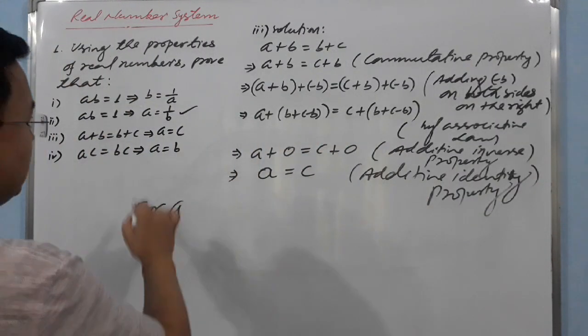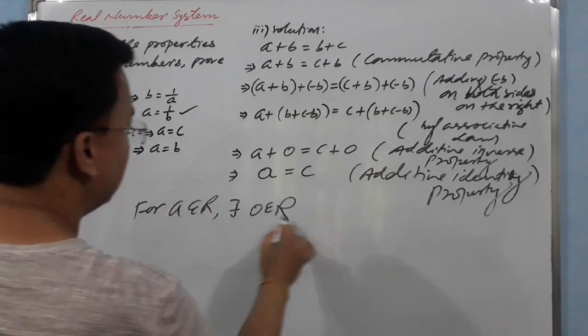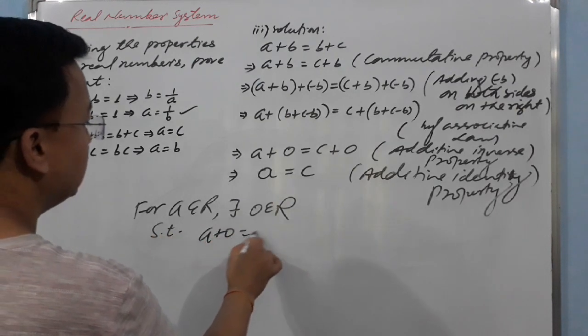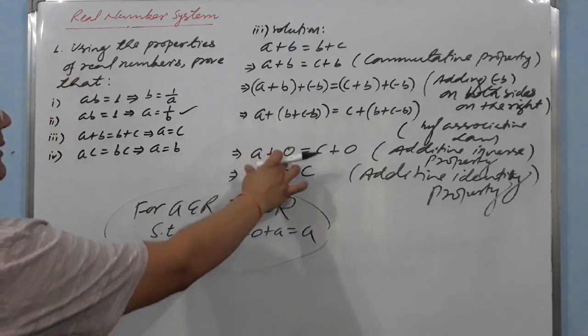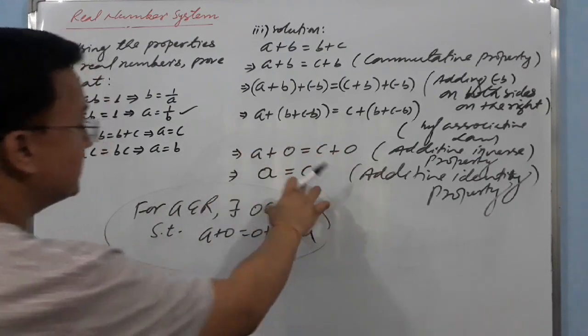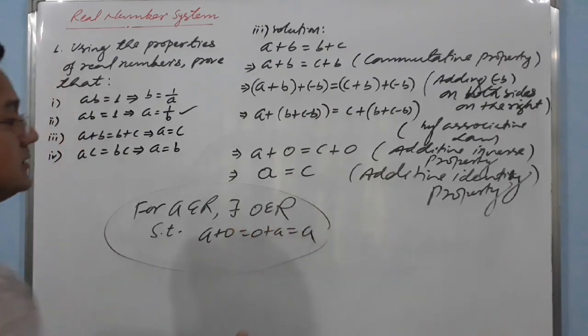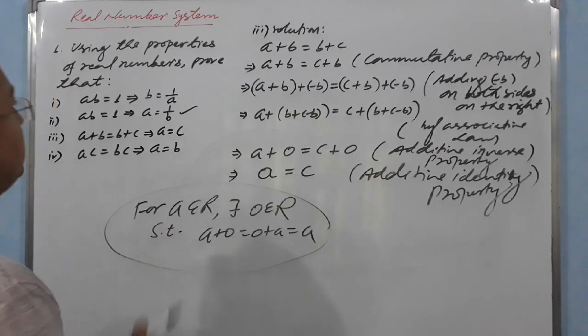Let me tell you. If a belongs to R, there exists 0 belongs to R such that a plus 0 is equal to 0 plus a is equal to a. Here we have written a plus 0 is equal to a, c plus 0 is equal to c. So this is called your additive identity property, right?